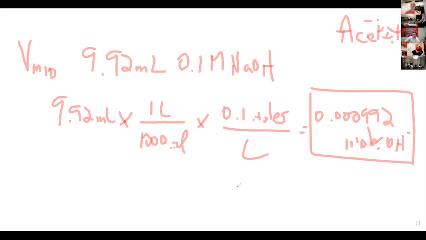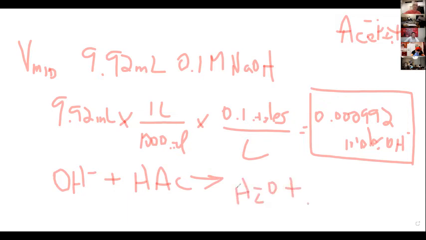What happens to them? They get converted to acetate, because this is the reaction: OH minus plus acetic acid gives you water and acetate.